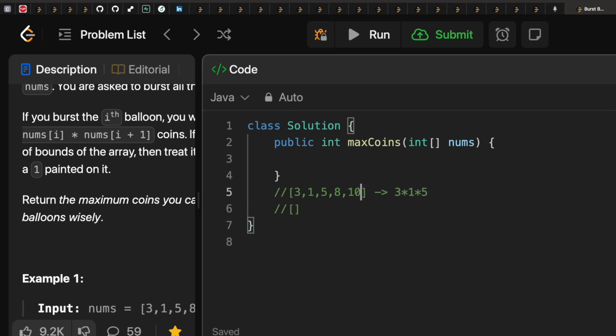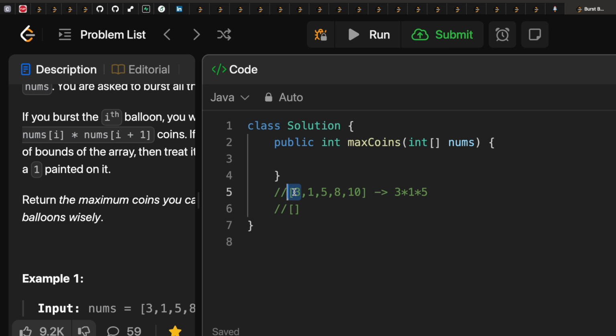Let's say we have one more balloon, 10. If we burst balloon 1 and have this initial cost, now we need to solve it for the right part and the left part.